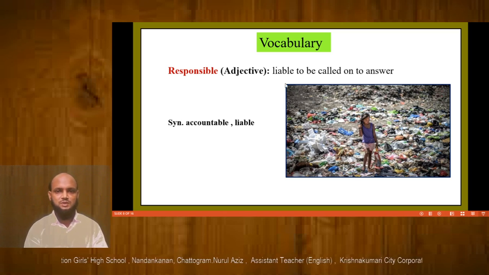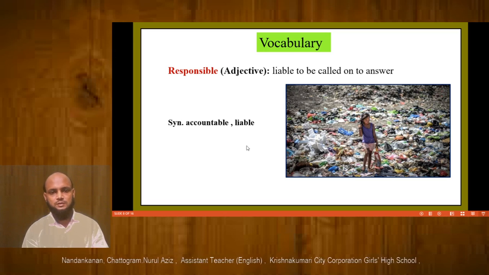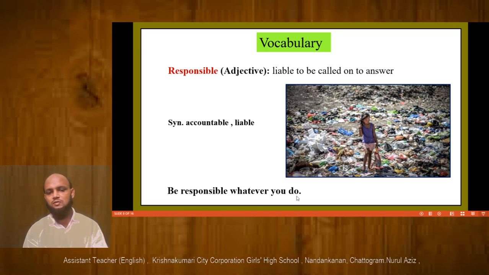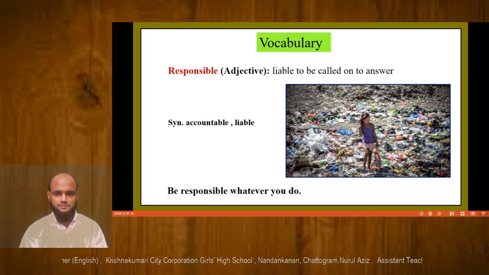Responsible means liable to be called on to answer, that is, accountable for any activity. This is an adjective, and you can write your own sentence, but if you want, write this: be responsible whatever you do.